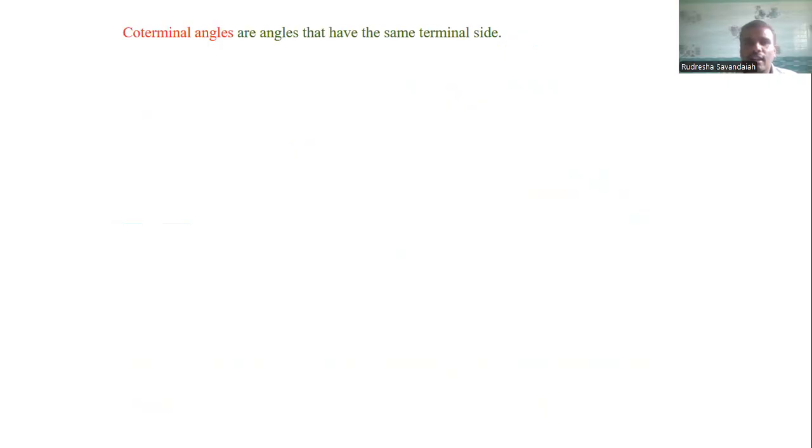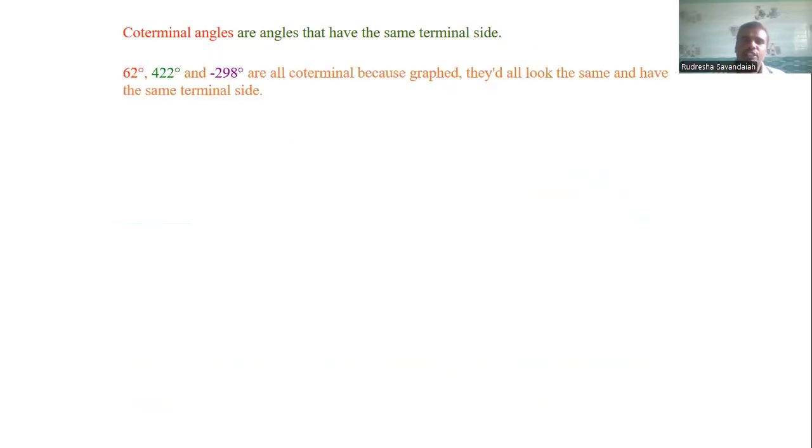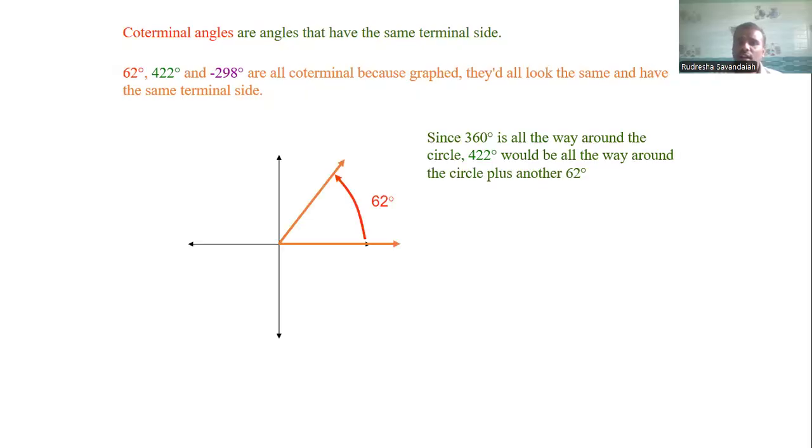Co-terminal angles are angles that have the same terminal side. 62 degrees, 422 degrees and 298 degrees are all co-terminal when graphed, since they all look the same. This is the 62-degree angle here.